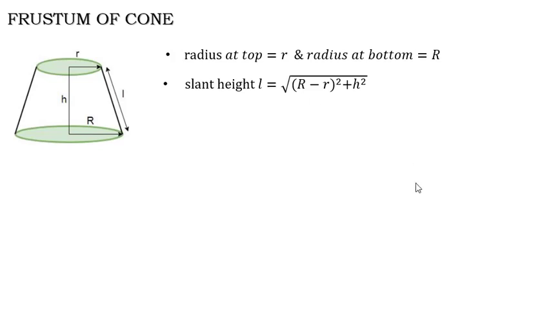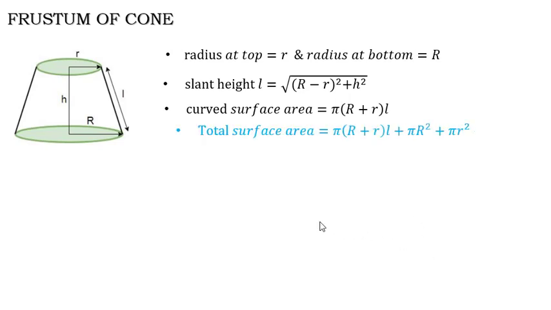This is slant height L, and with the help of slant height we can find curved surface area, which is pi, in bracket we have capital R plus small r, times L. So we have seen that in case the formula is pi r L, you modify that formula: it is pi in place of small r, here we have capital R plus small r times L. And for total surface area we write curved surface area plus area at base, which is pi capital R square, plus area at top, which is pi small r square.